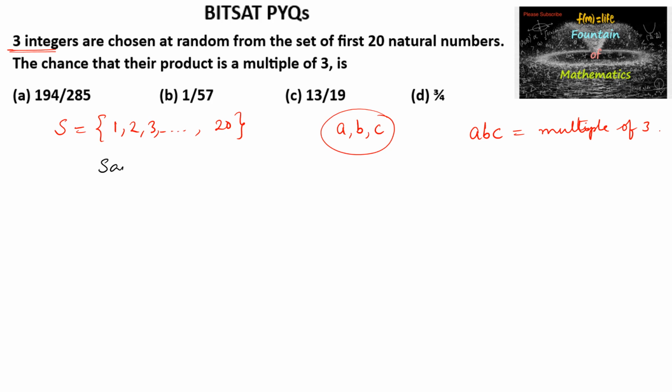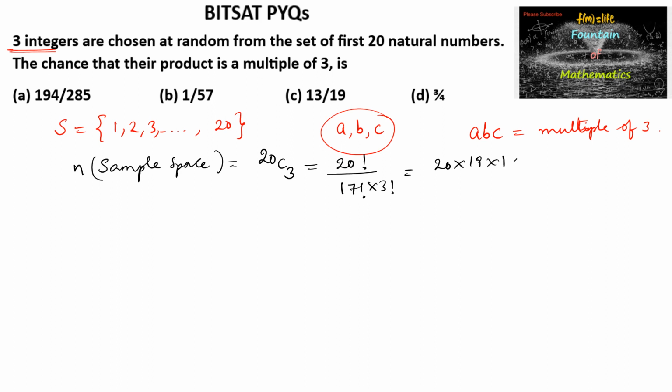So the number of elements in the sample space can be taken as 20C3, because we need to select three among the 20 numbers. That value is 20! upon (20-3)! into 3!, which is equal to 20 into 19 into 18 into 17! divided by 17! into 3!, which is 6.